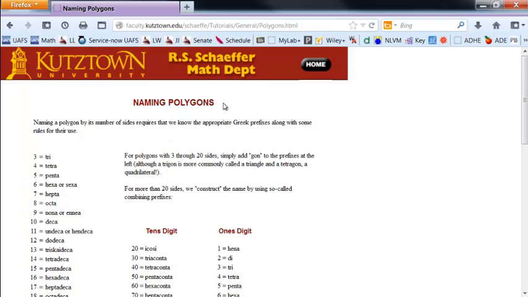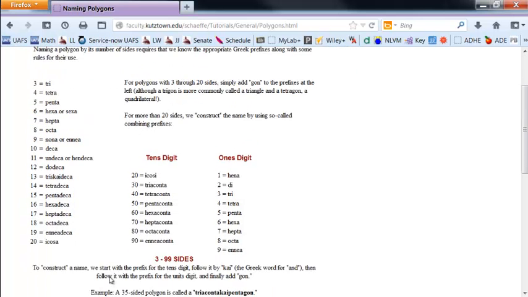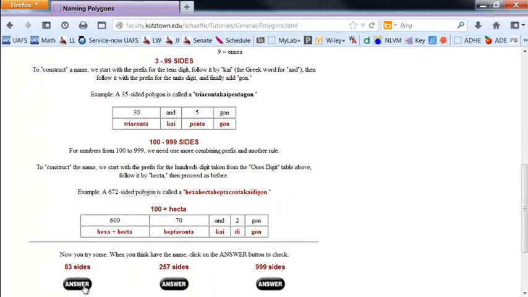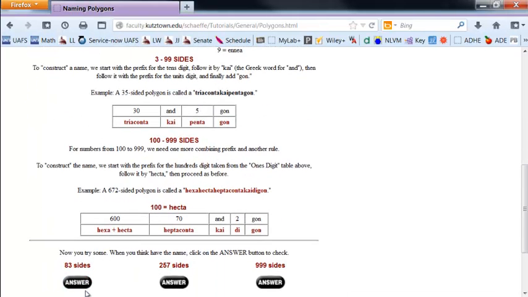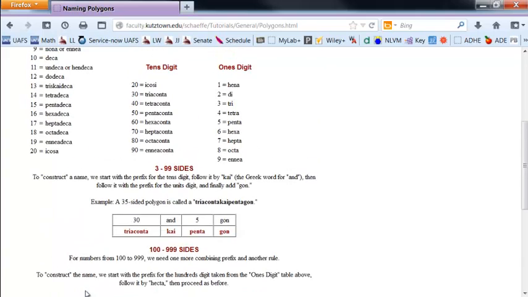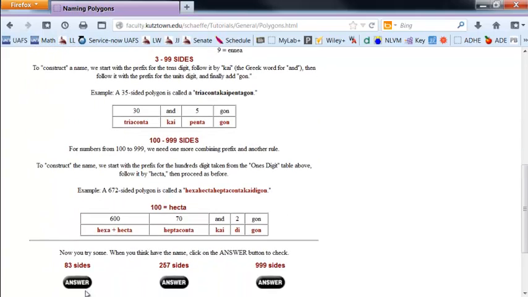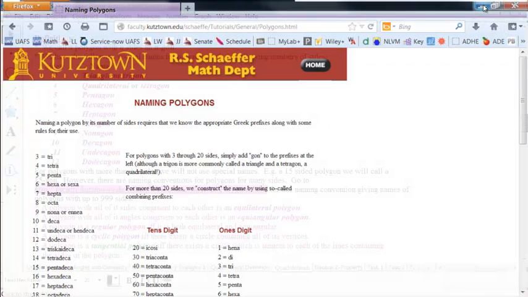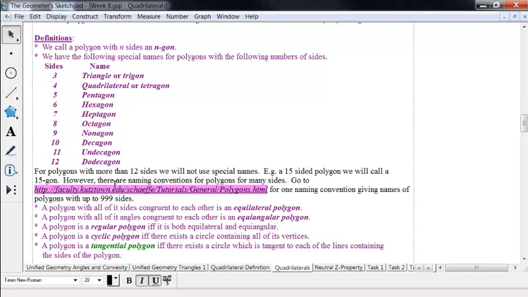I just Googled this, and this is one of the first hits I got. And this shows you how to go up to 999 sides. So there are ways to do that. We typically won't be worried about this too much in this class. We're going to mainly just worry about up to 12.